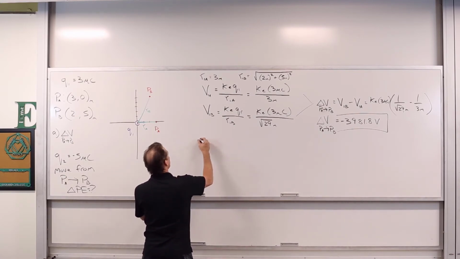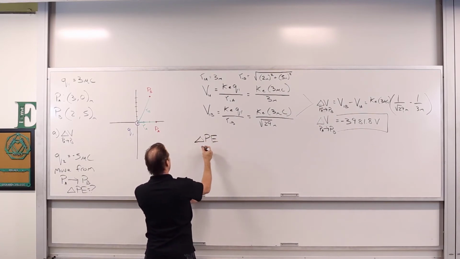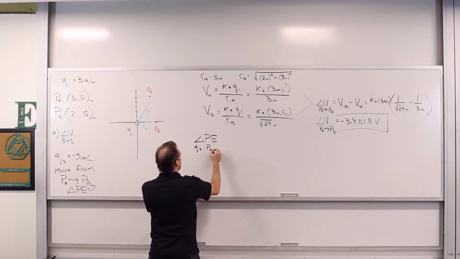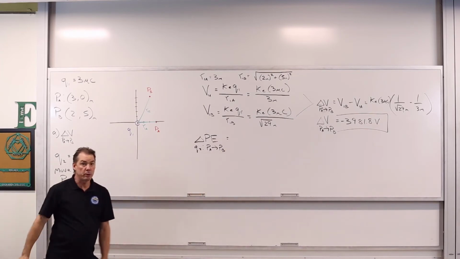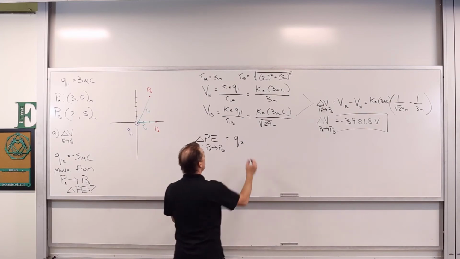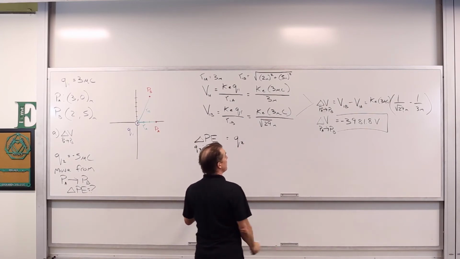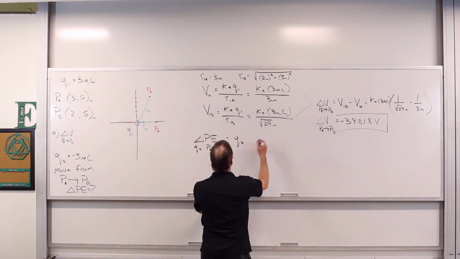At any rate, we've got delta PE, and moving Q2 from PA to PB will be equal to Q delta V. Q is the charge that we're moving, which is Q2, times the potential difference that we're moving it through, which is the potential difference due to Q1 between those 2 points.